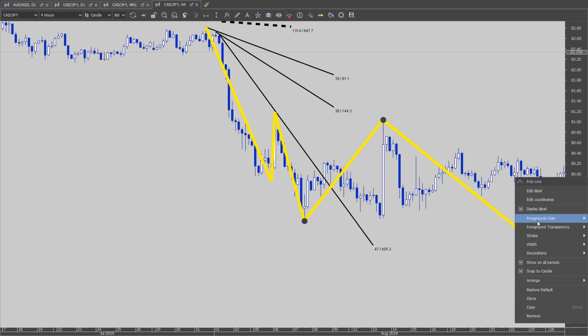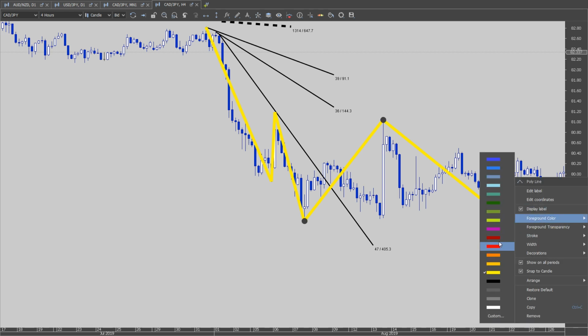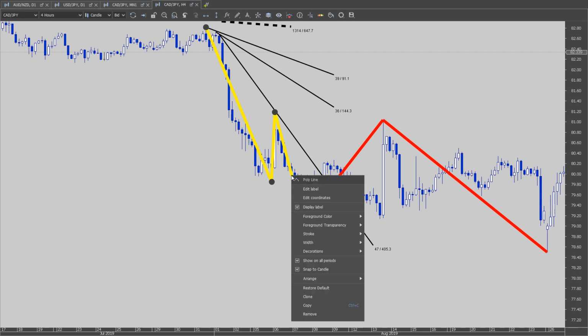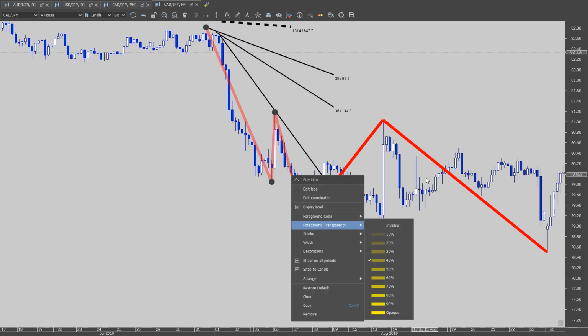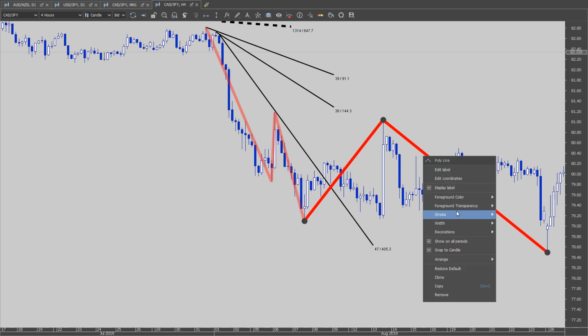Okay, let's color code this in what? In red? Would be better, right? Let's color code this in red and change transparency. We need to see the highs and the lows.